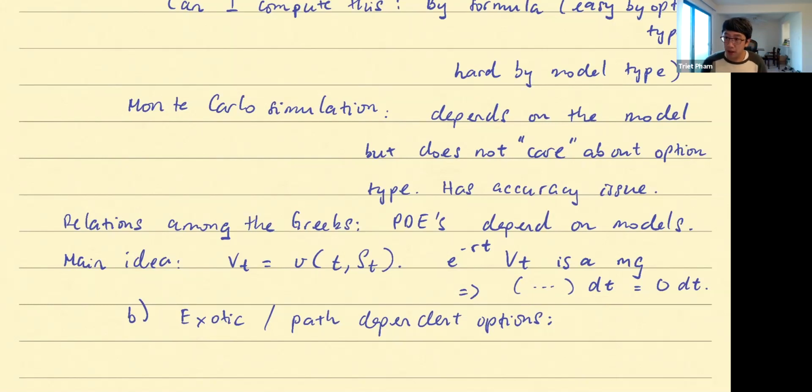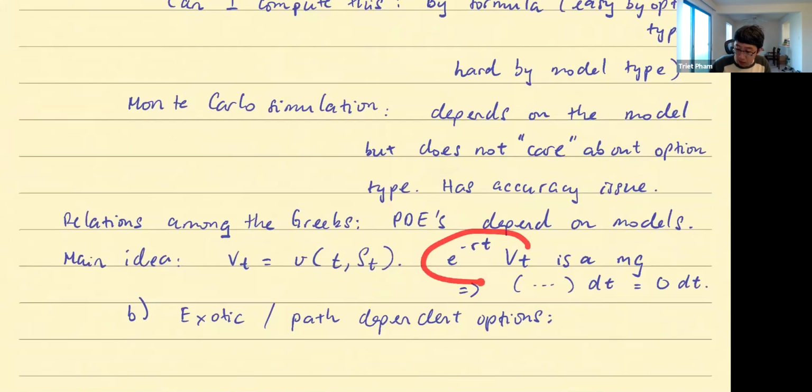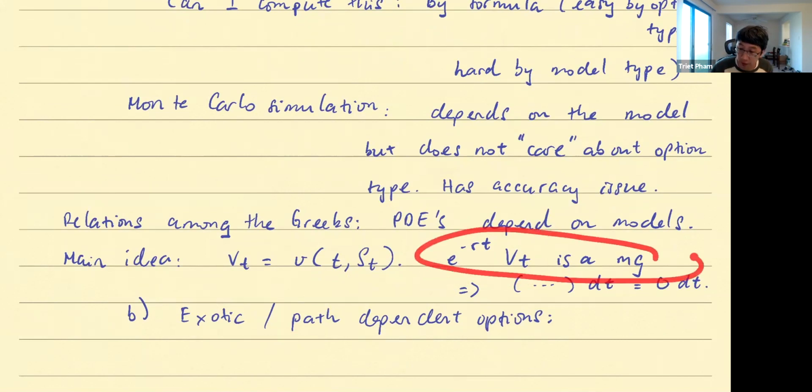So again, why is this important? Because exactly this doesn't quite hold for all types of options. For example, with an exotic option, roughly we still have something like that, but we have to modify this a little bit, and this relation also gets changed.